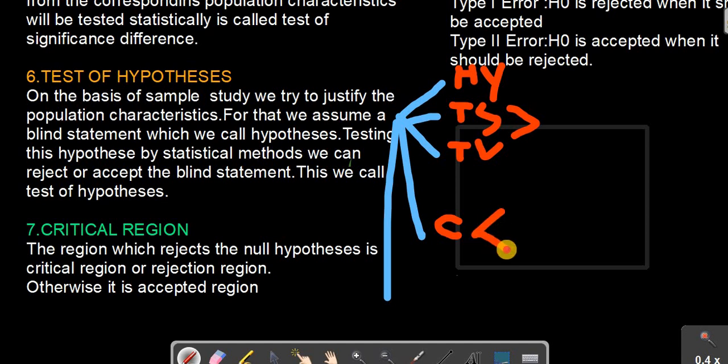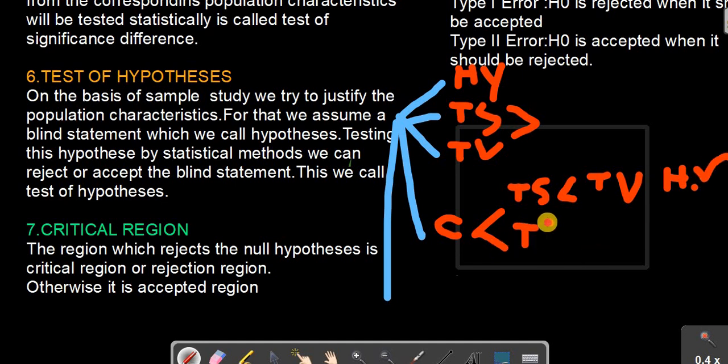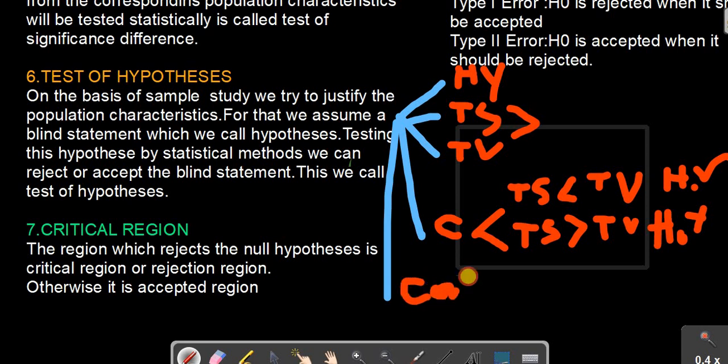This comparison consists of 2 ways. If the test statistic value is less than the tabular value, then H0 is accepted.